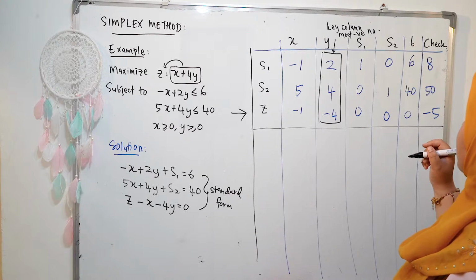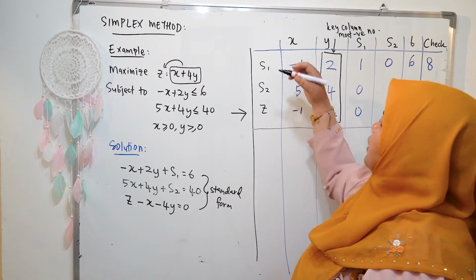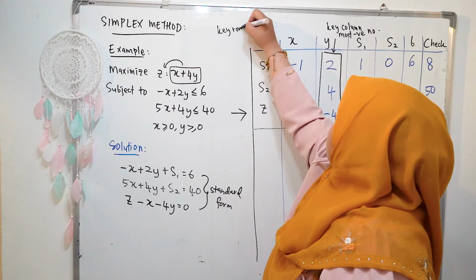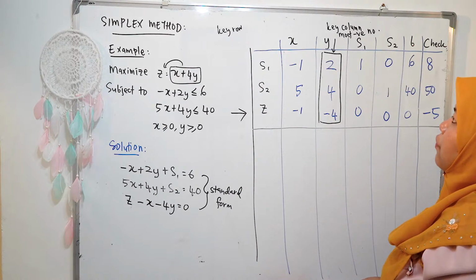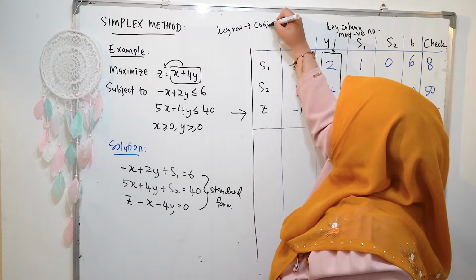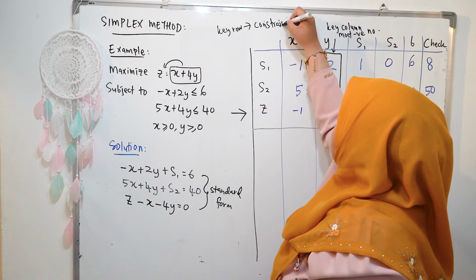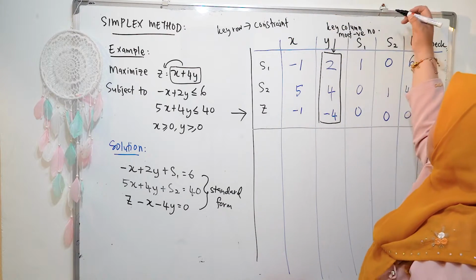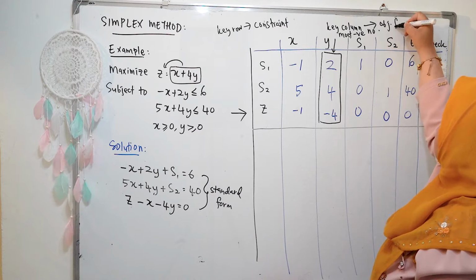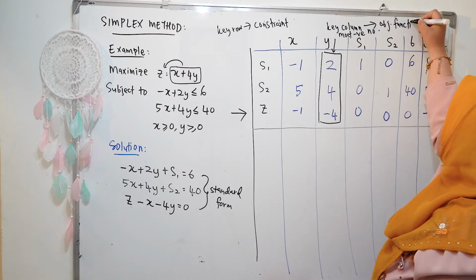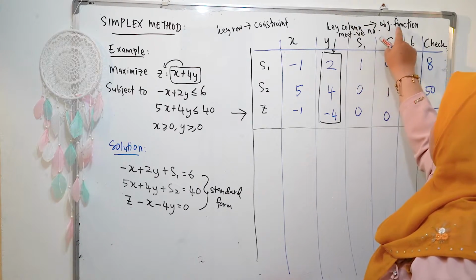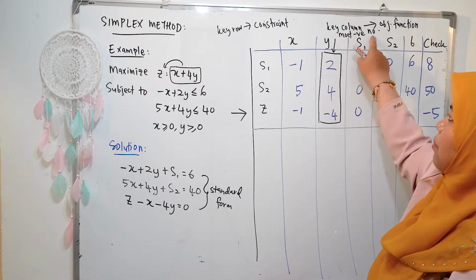The next thing we want to find is the key row. For the key row, we check the constraints. For the key column, we check the objective function, the most negative number. Don't confuse them.